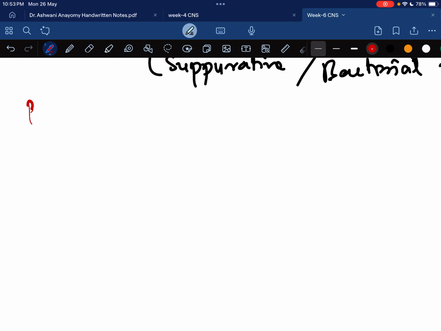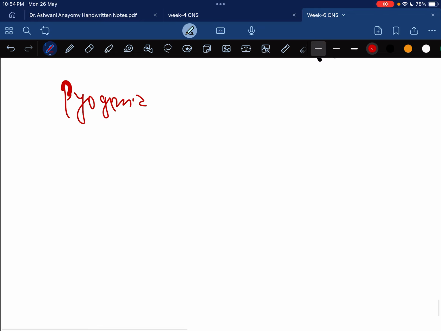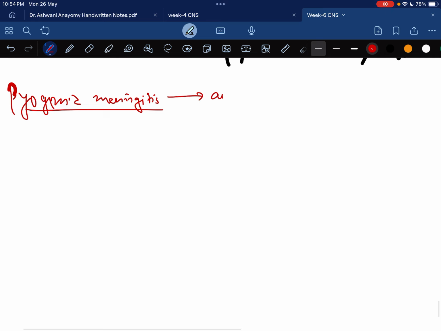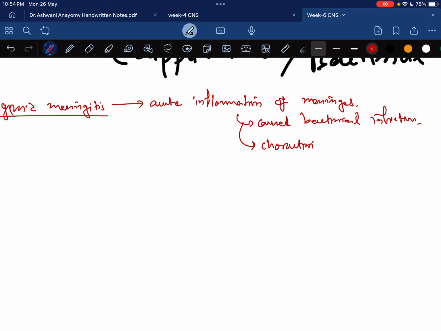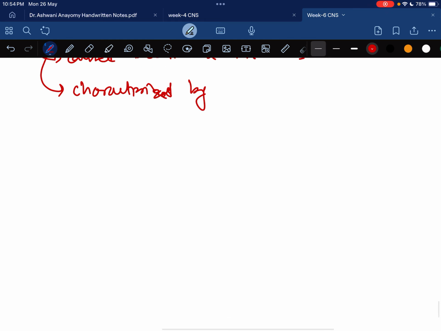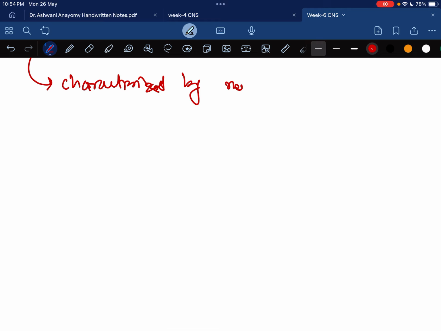Pyogenic meningitis refers to acute inflammation of the meninges, the leptomeninges, caused by bacterial infection, and it is characterized by a neutrophilic, purulent CSF response.